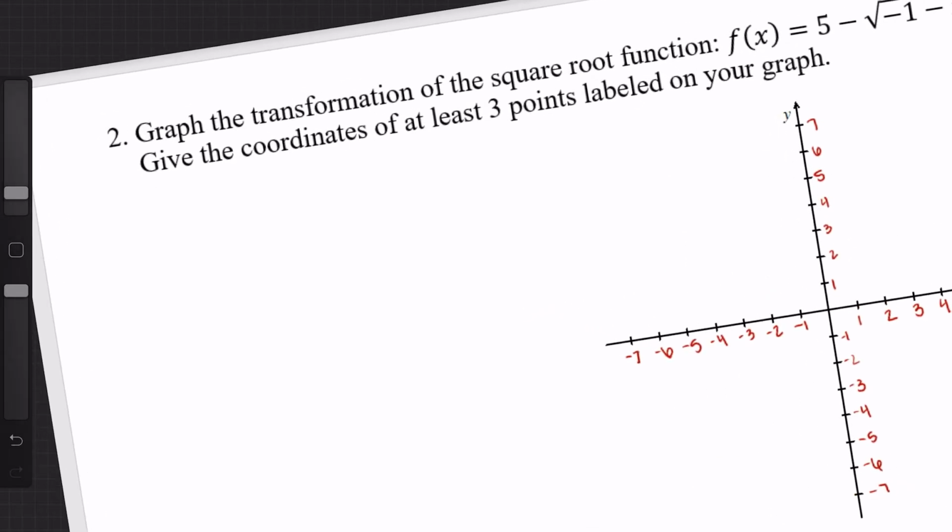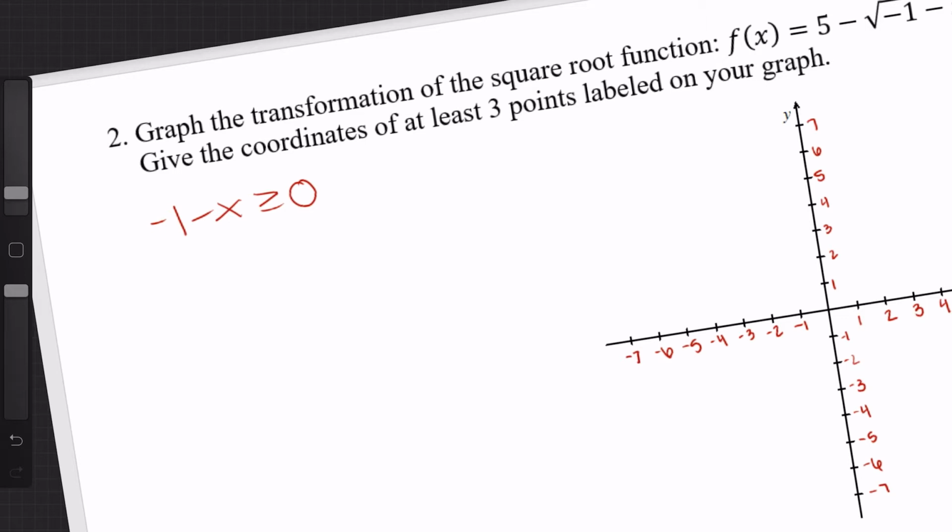So what you're going to want to do first is set the radicand as greater than or equal to 0. So we're going to do -1 - x ≥ 0. So basically just solve for x.